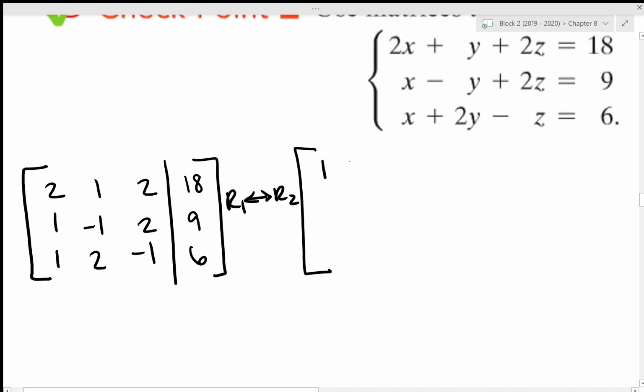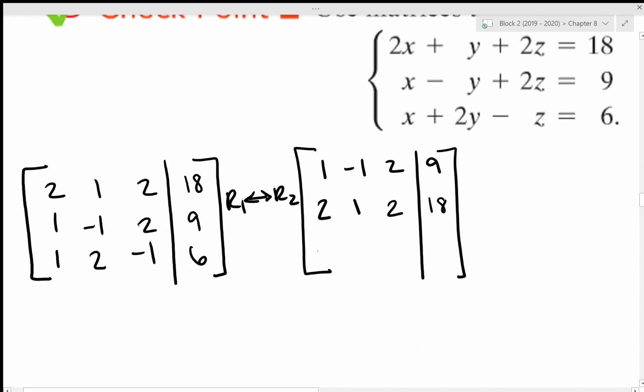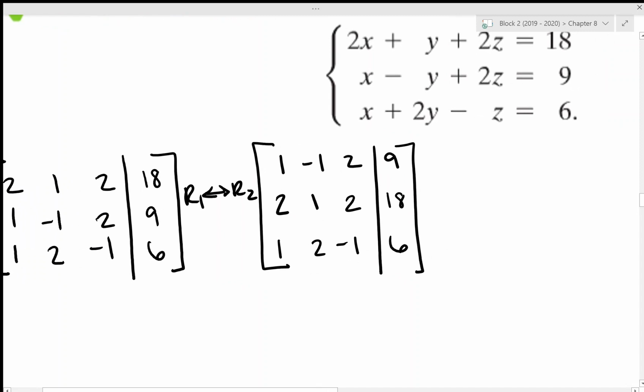So it's going to be 1, -1, 2, line 9. And then 2, 1, -2, oh, +2, I'm okay, 18. And then 1, 2, -1, 6. That third row is going to stay the same. So I got the 1 up top.